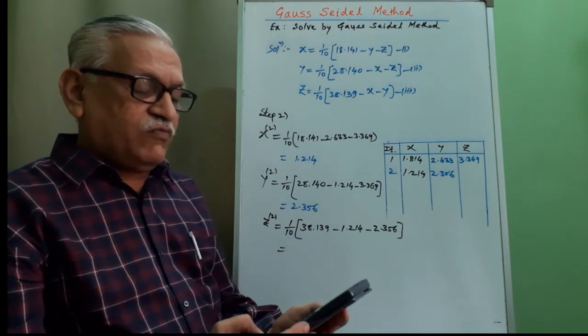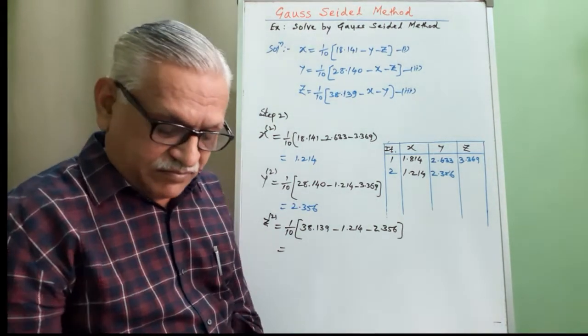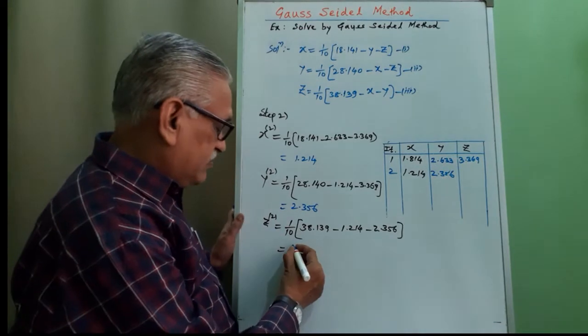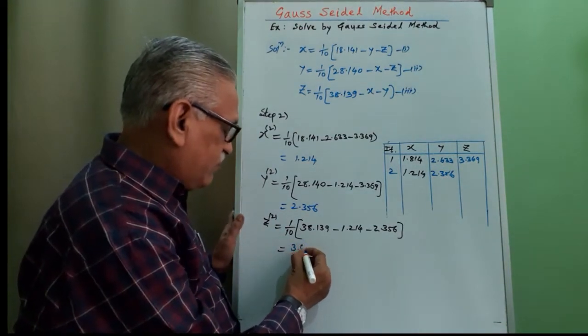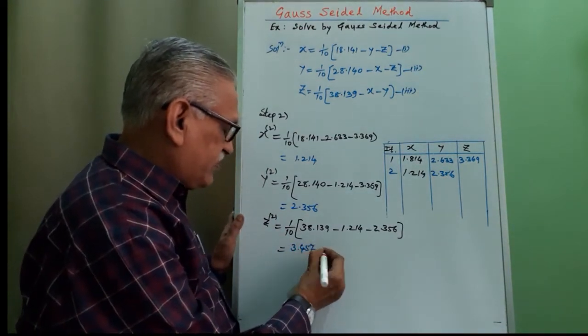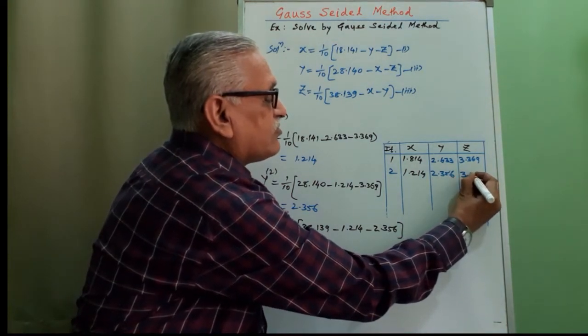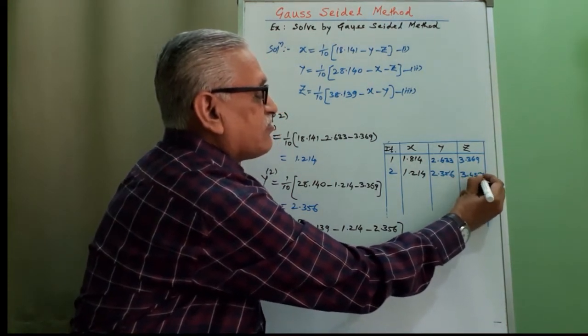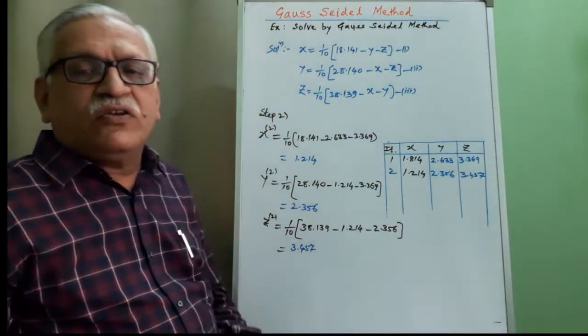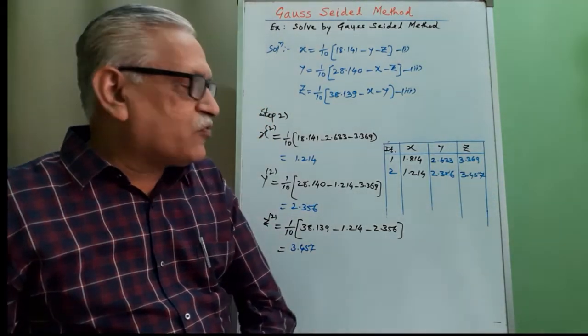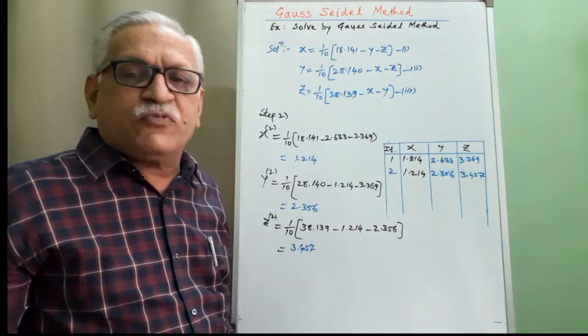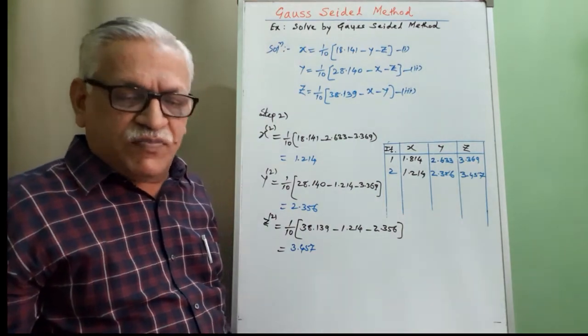It is 3.457. Here the step 2 is completed, iteration 2 is completed.